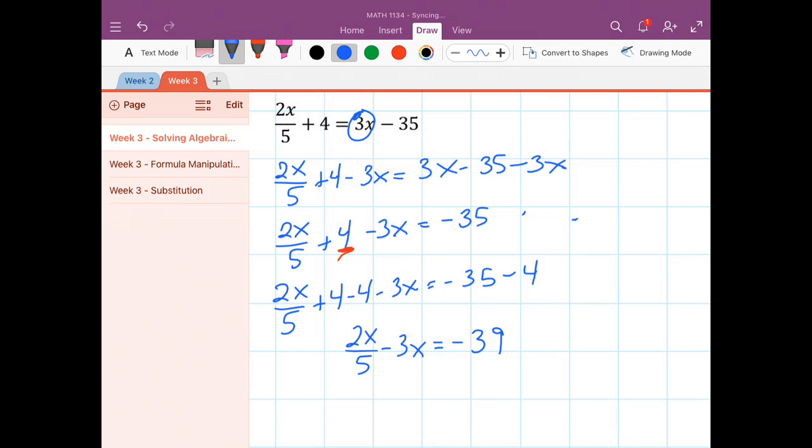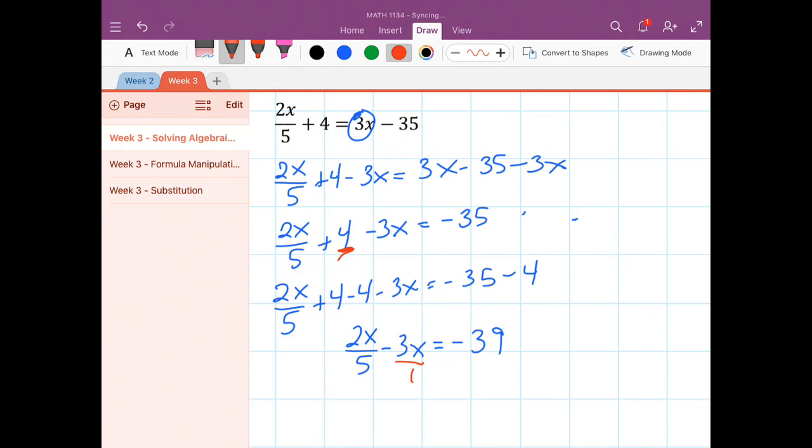Now this looks a little bit tricky because how do you subtract a 3x when the other one has a 5 on the bottom? So the best way is to make this 3 a fraction over 5. Right now, remember, it's technically a fraction over 1.